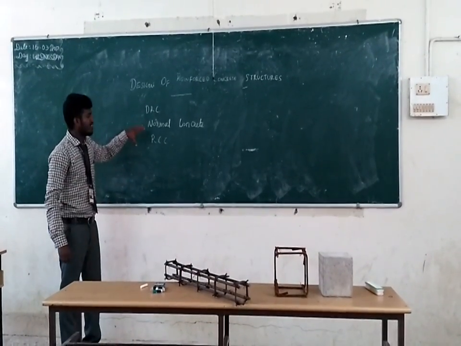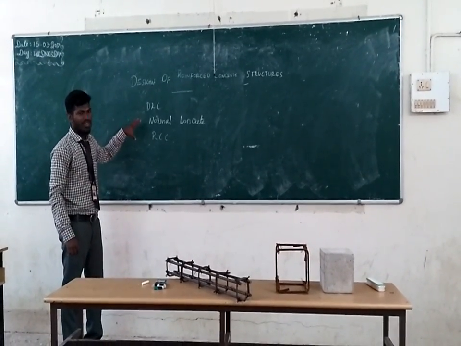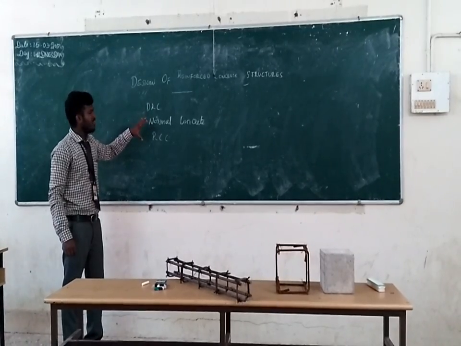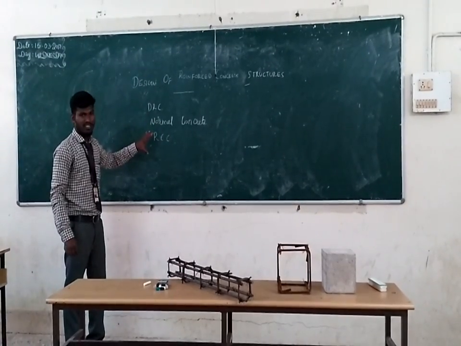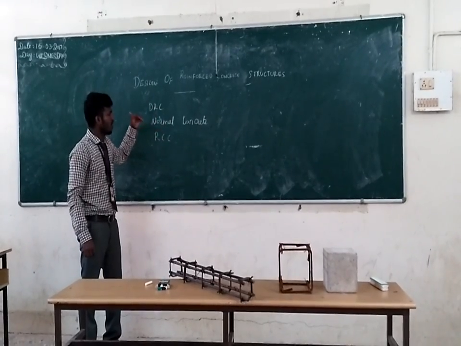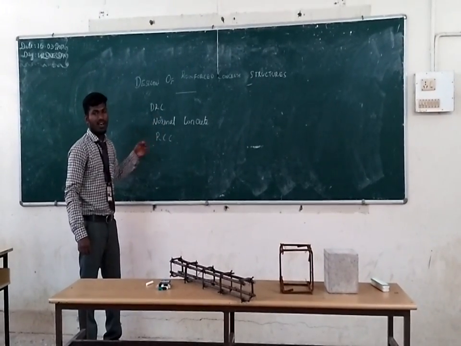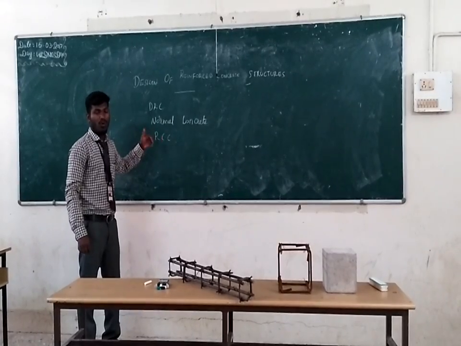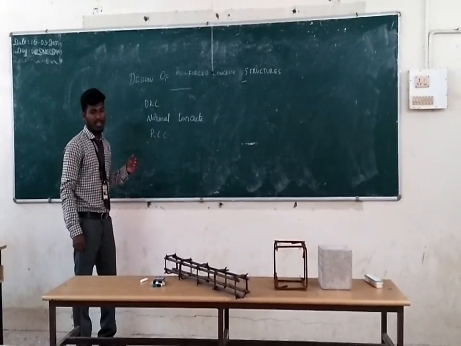So today's lecture mainly aims to distinguish between the normal concrete and RCC. Why do we call it RCC? What is the difference between normal concrete and RCC? What are we going to incorporate in RCC?